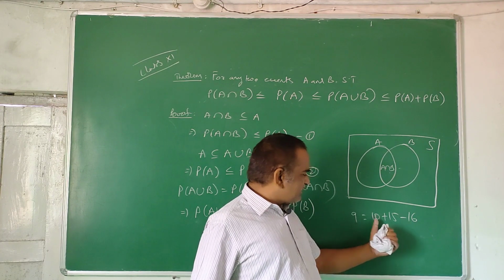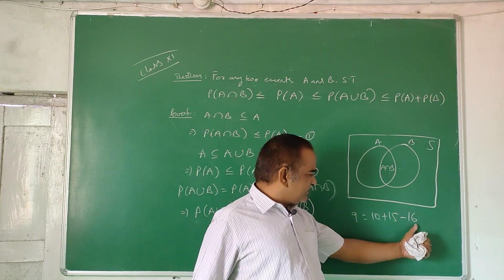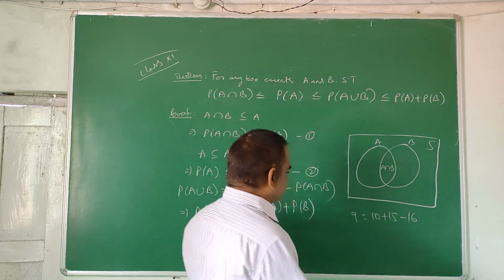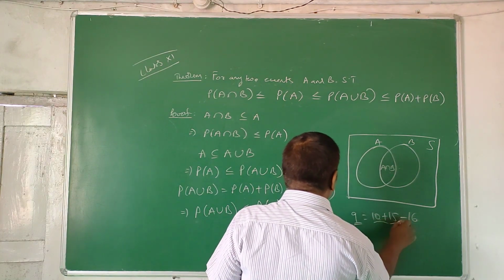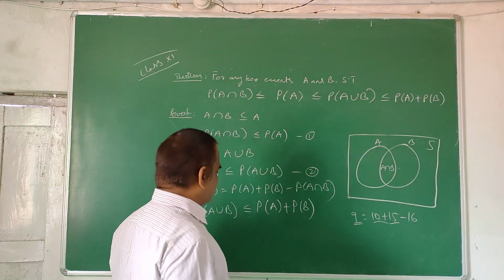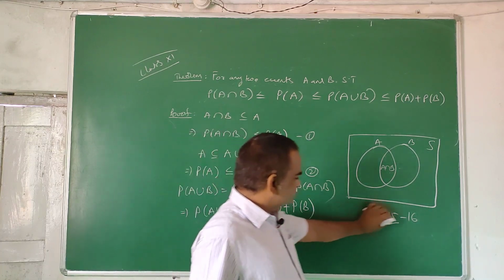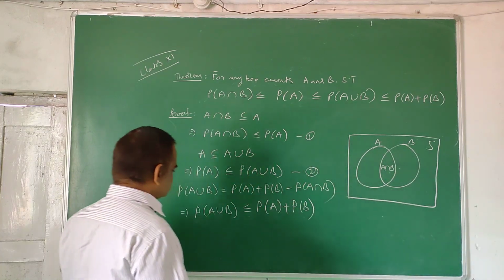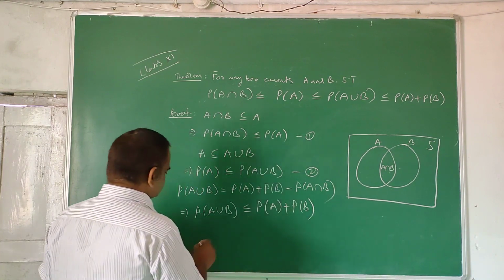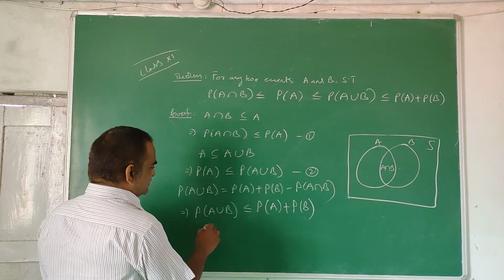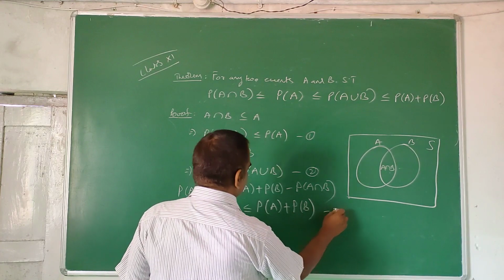So 9 is the sum of these two minus 16. Then obviously this 9 would be less than 10 plus 15 only. So that's what I wrote here. So now this is 3.